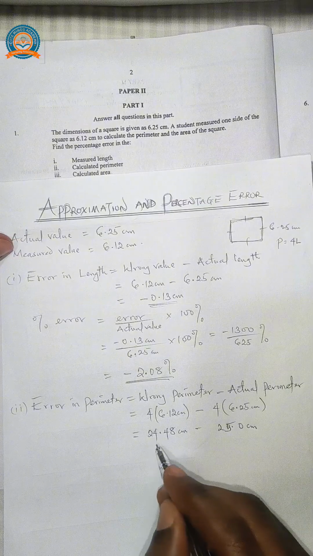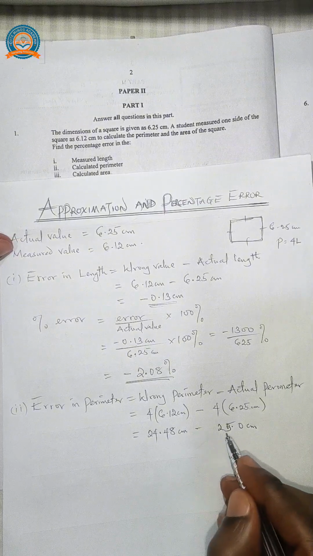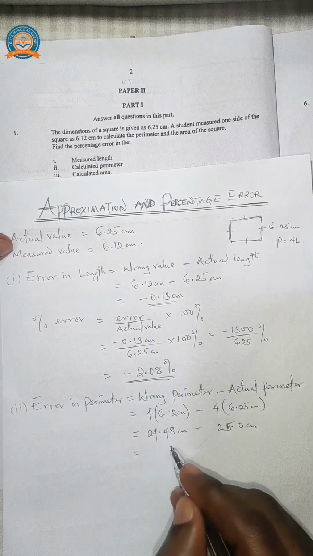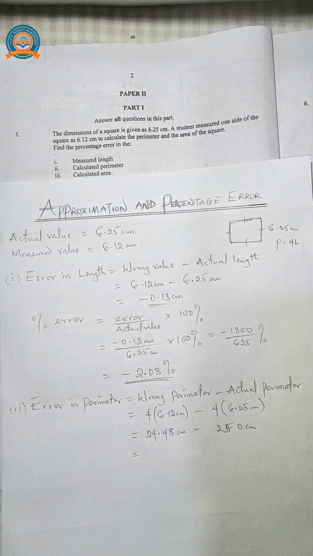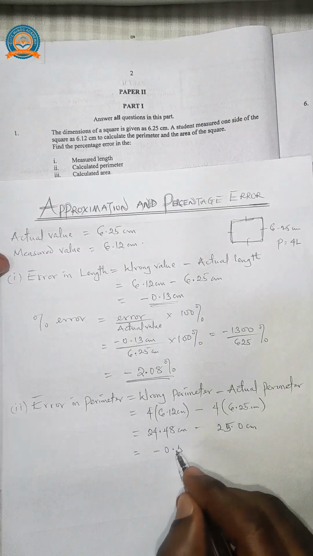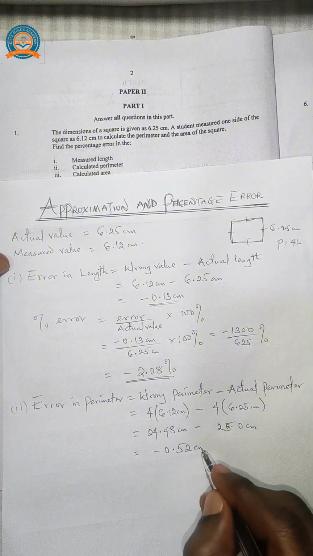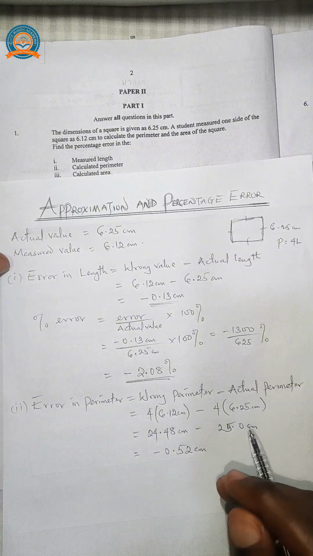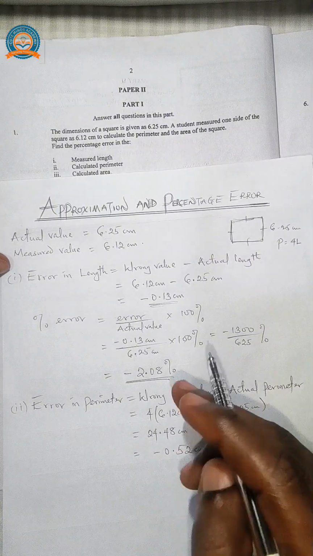So 24.48 minus 25.0, you press a calculator, it should give us negative 0.52 in centimeter. And that will be the error for the perimeter.